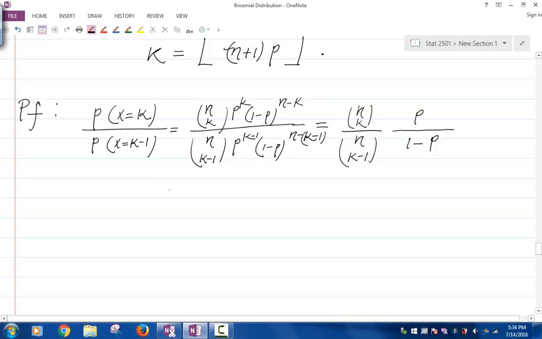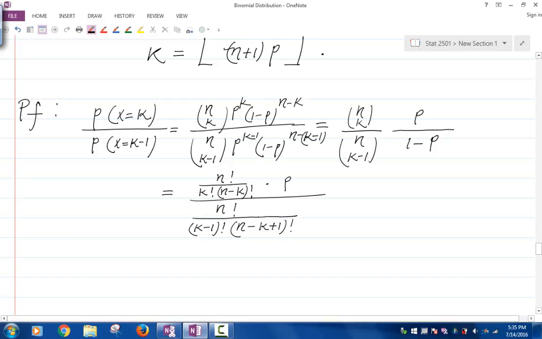Okay, so this will be equal to, I'm going to write the binomial coefficients in terms of factorial, so I'm going to get n factorial over k factorial n minus k factorial times p divided by n factorial over k minus 1 factorial times n minus k plus 1 factorial times 1 minus p.